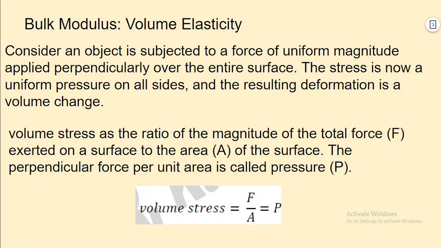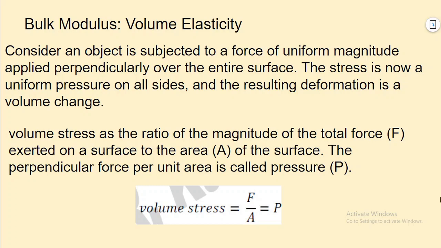Suppose F is the force and A is the area. Now the volume stress is equal to F by A. Here the force is perpendicular to the area, so the perpendicular force per unit area is the pressure. In this particular situation, the stress is the pressure.